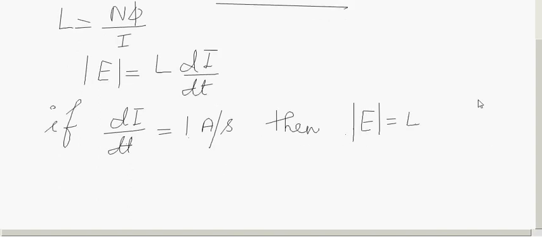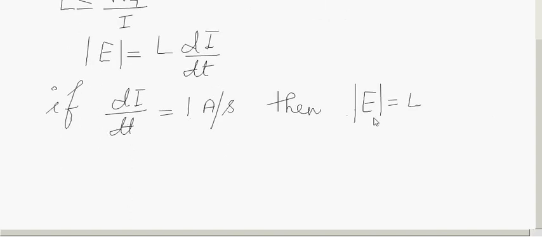Now I can define the self-inductance of the coil as equal to the induced EMF in the coil when the rate of change of current in it is unity. So this is another way of defining the self-inductance.